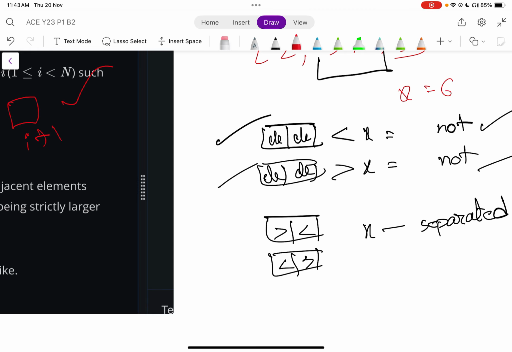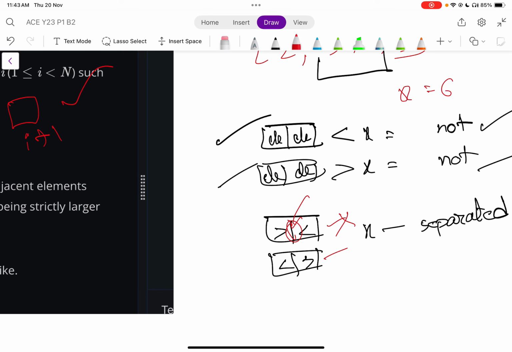So if I have this kind of situation, by putting something in between, can I make this arrangement fail to be separated? Yes, of course. So what can I keep there? Can I consider an element which is lesser than the x?